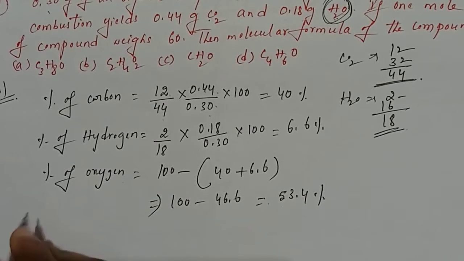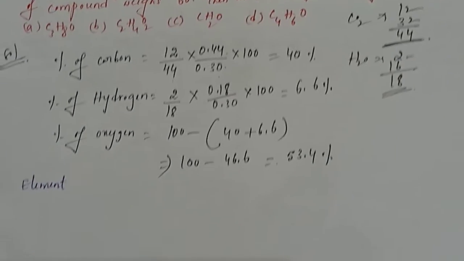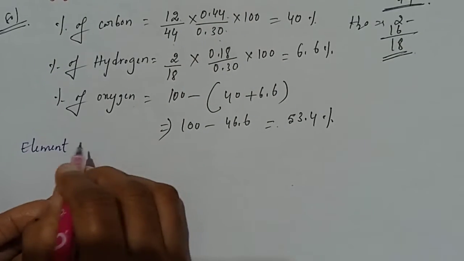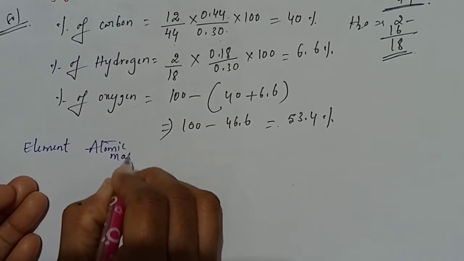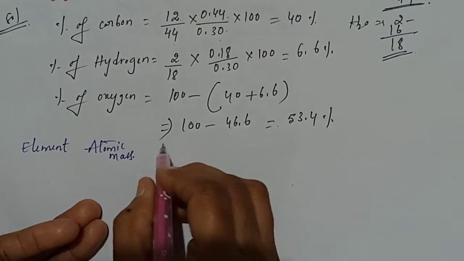Element. So the first column is element. And the second column, what is the second column, students? Atomic mass. And the third column is percentage of mass.